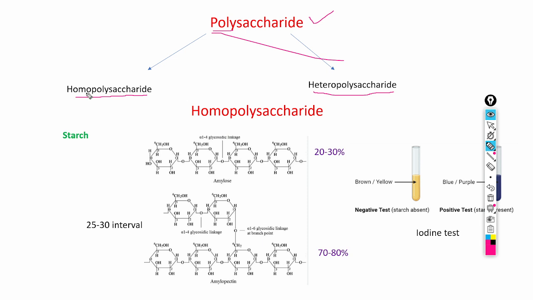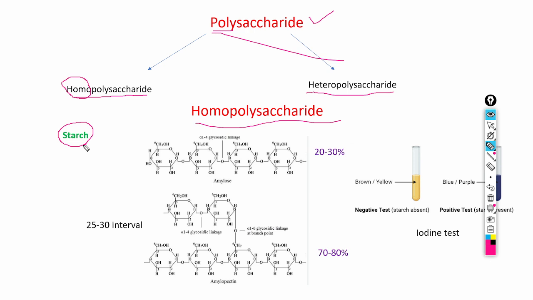What is a homopolysaccharide? Homo means same, so here all the residues are the same. Hetero means they also have more than two monosaccharides, but they are different, not the same. So first come to the homopolysaccharides. One of the most important examples is starch.